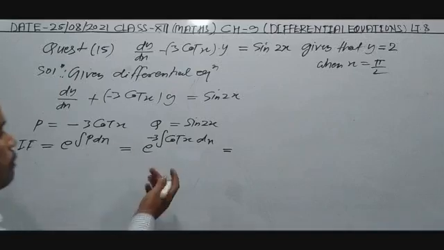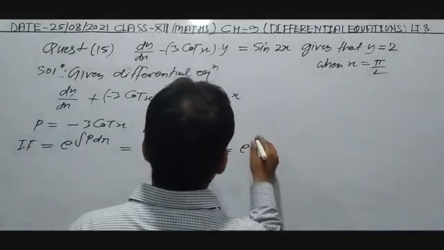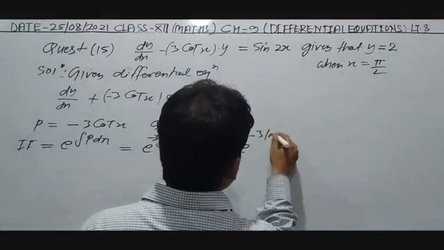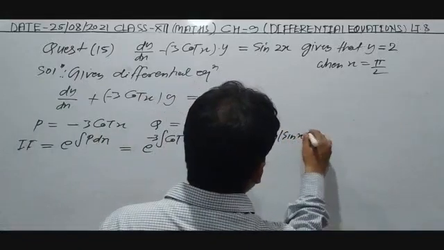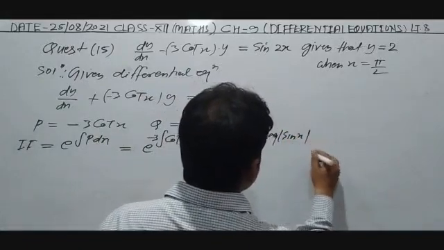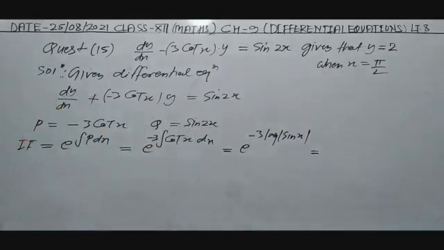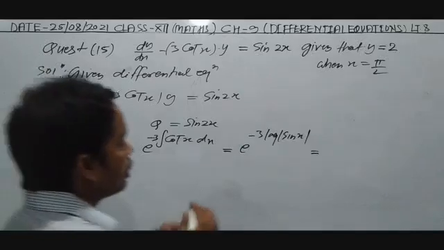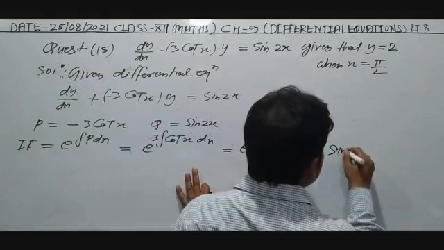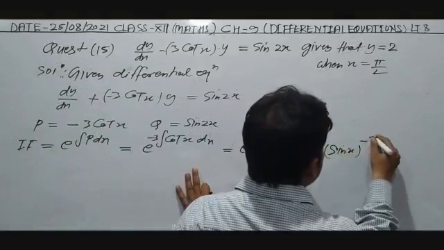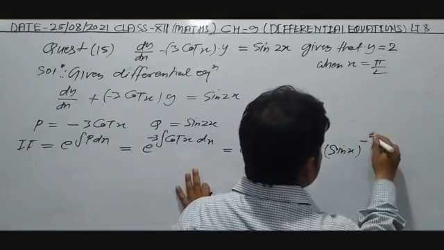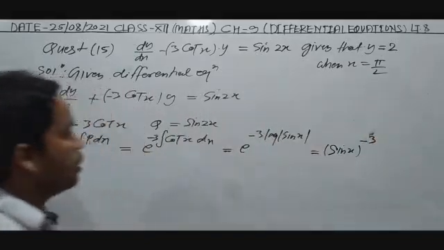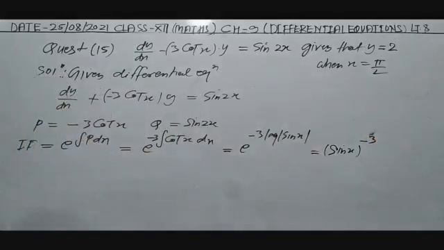So minus 3 times log of sin x, so e to the power minus 3 log of mod of sin x, so its result will be sin x to the power minus 3. Now this is the integrating factor.